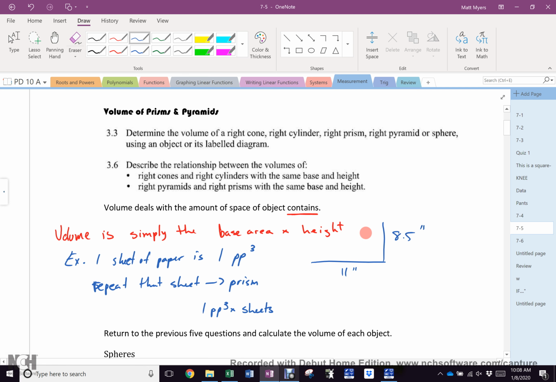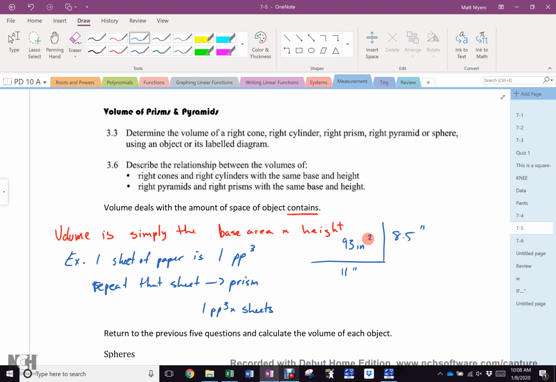Everybody cool? All right. So how could you tell me that area? Length times width, of course. What is it? 93 inches squared. Agreed?